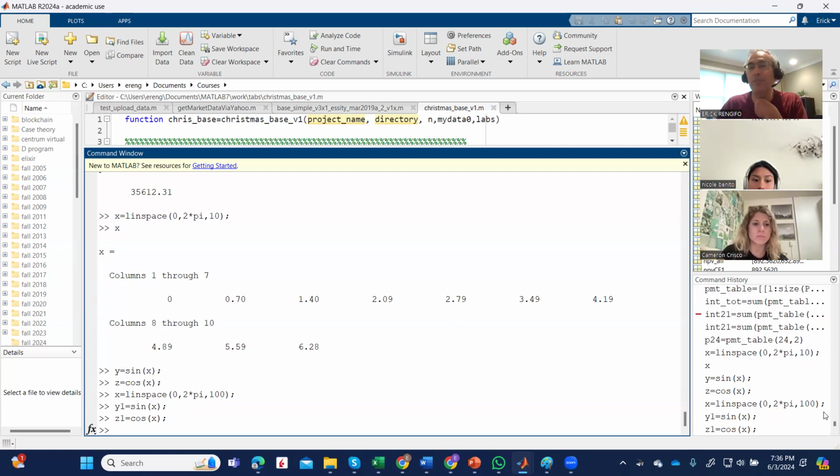Okay, guys, so I'm ready to do some plots. Let's do the very simple plot. The MATLAB command is plot. And what I want to plot is x, always the x, so the horizontal axis goes first, and y. Take a look at what happens.